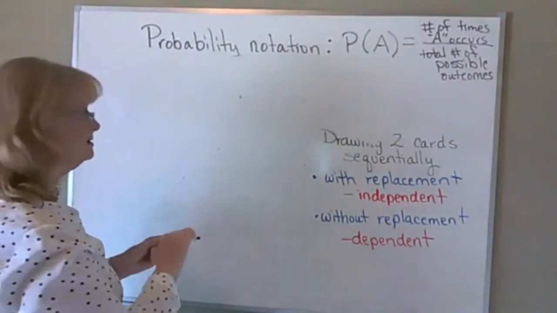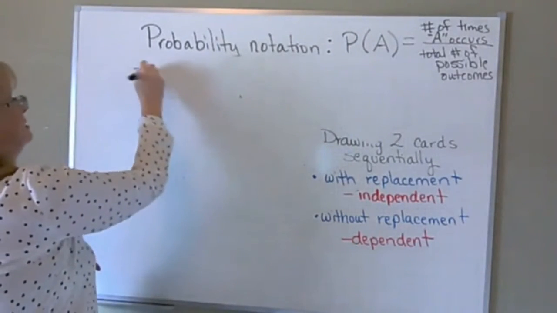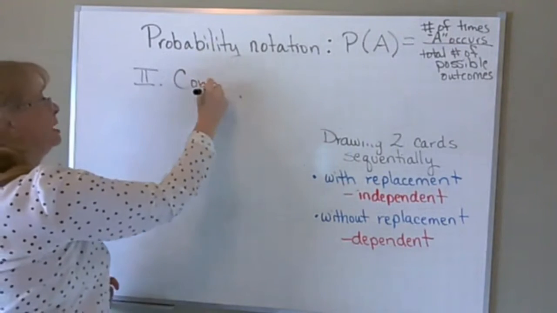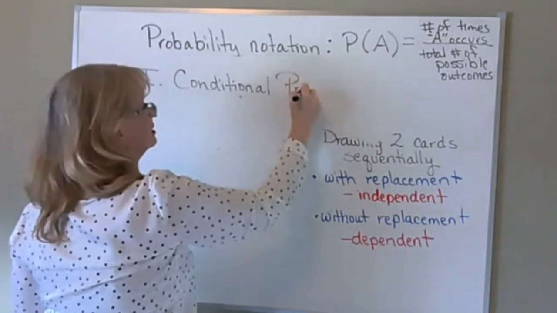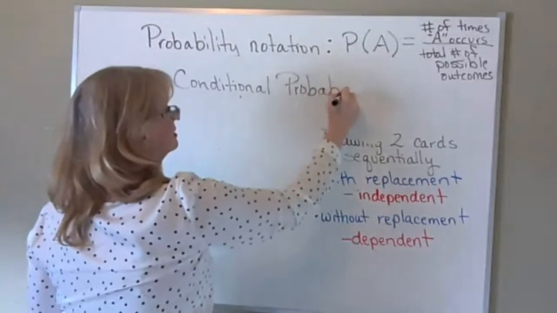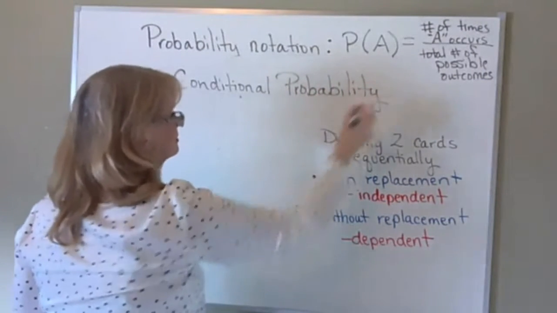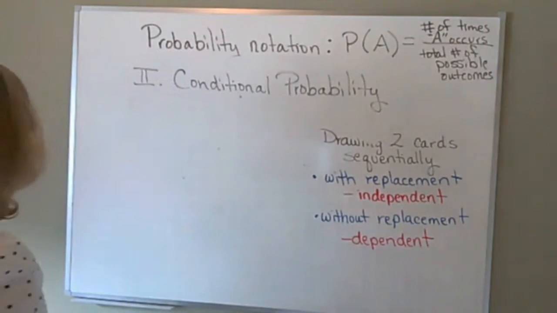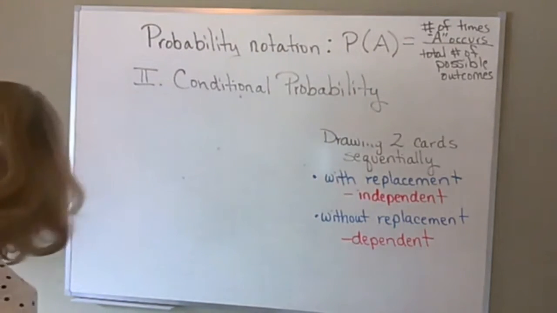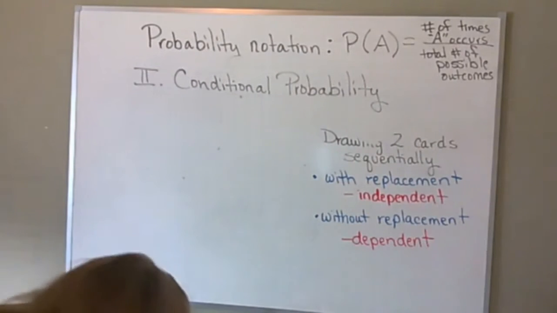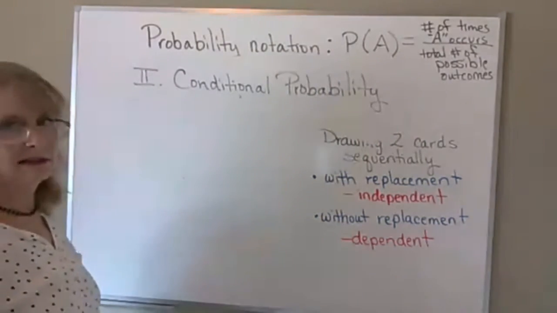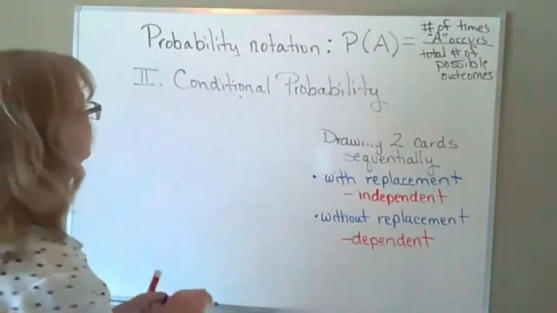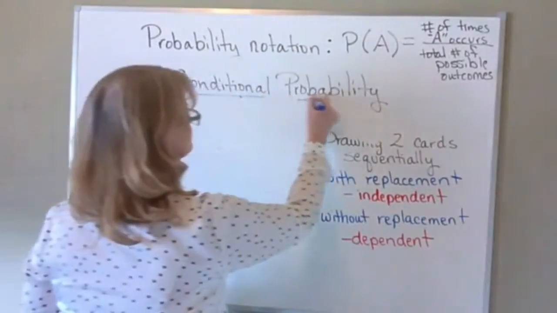So the second thing that's going to be new in this is something called conditional probability. First of all, let me show you the notation for conditional probability, and then we'll talk about what it means.